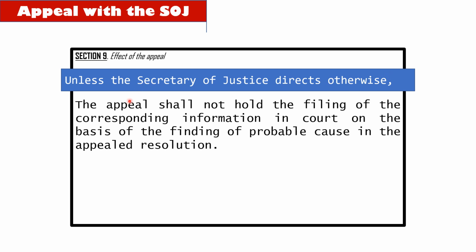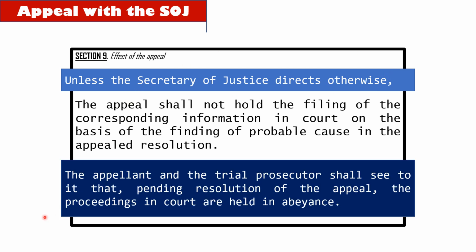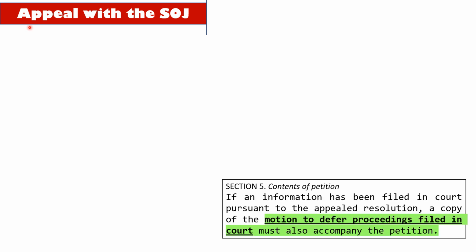Kaya, if you're going to read further Section 9, look out ni appellant and the trial prosecutor to see to it that pending resolution of the appeal, the proceedings in court are held in abeyance. If you have an appeal with the Secretary of Justice, make sure that kung yung case umakyat na, information was already filed in the court, nasa MTC na or sa RTC, make sure that you are going to file a motion to defer the proceedings in the MTC or in the RTC.